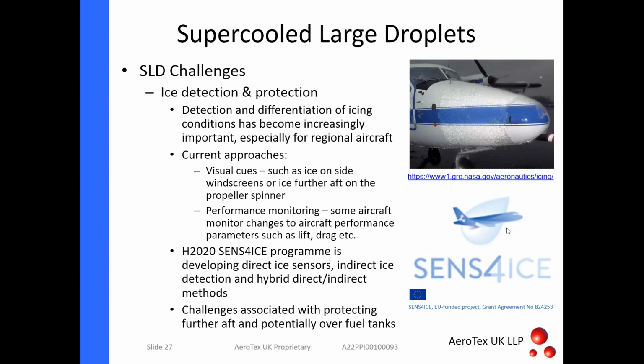So if you start getting ice on your spinner or your side windscreen, you know you're in large droplet icing. Obviously, this isn't ideal, relying on the pilot noticing that there's water forming in different locations. So there is a big amount of research looking at ice sensors, for instance, the Sense for Ice program there.